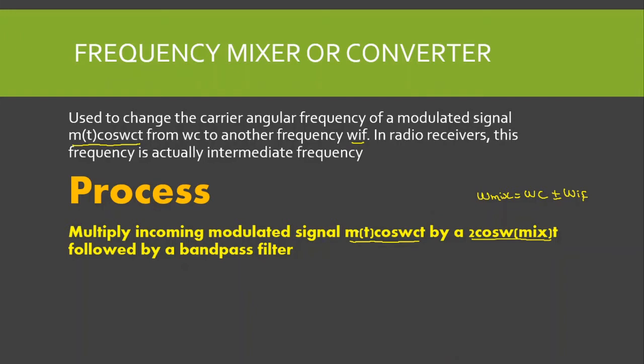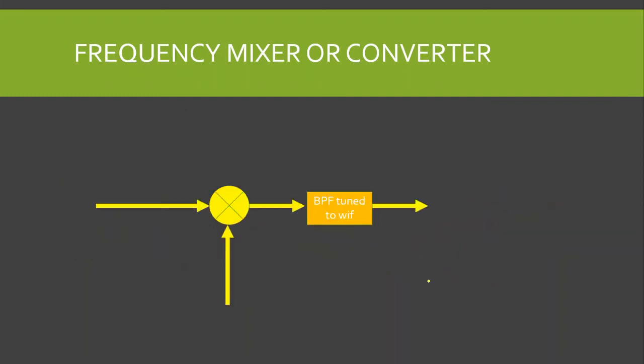We multiply the incoming modulated wave, whose frequency is omega_c, by 2 cosine omega_mix t, and then we pass it to the band pass filter. In this way the frequency of this modulated signal changes from omega_c to the intermediate frequency, omega_IF. So basically in frequency mixing, we change the frequency of a modulated signal from omega_c to another frequency, which is omega_IF.